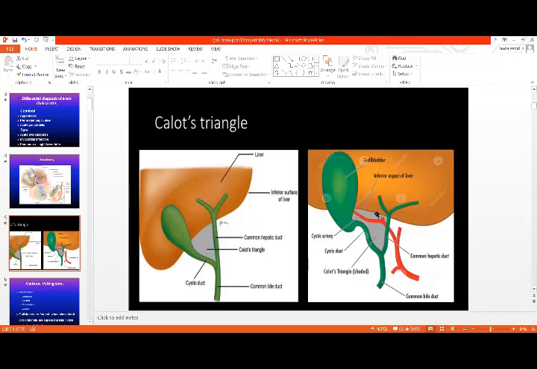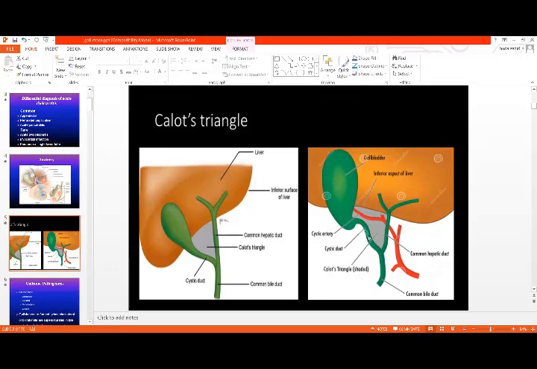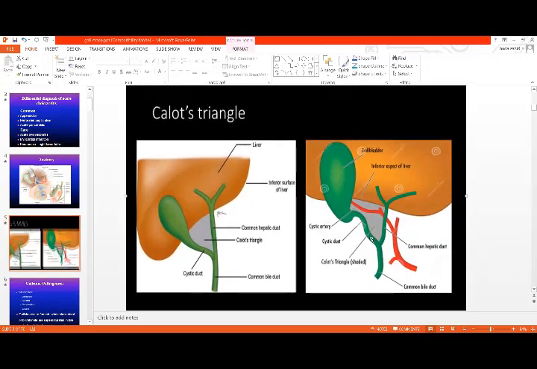You should clearly demonstrate Calot's triangle, where you can see the common hepatic duct, the common bile duct, and this cystic duct. So you ligate the cystic duct to remove the gallbladder. You ligate the cystic artery, which is supplying blood to this. You ligate the cystic duct and cystic artery.